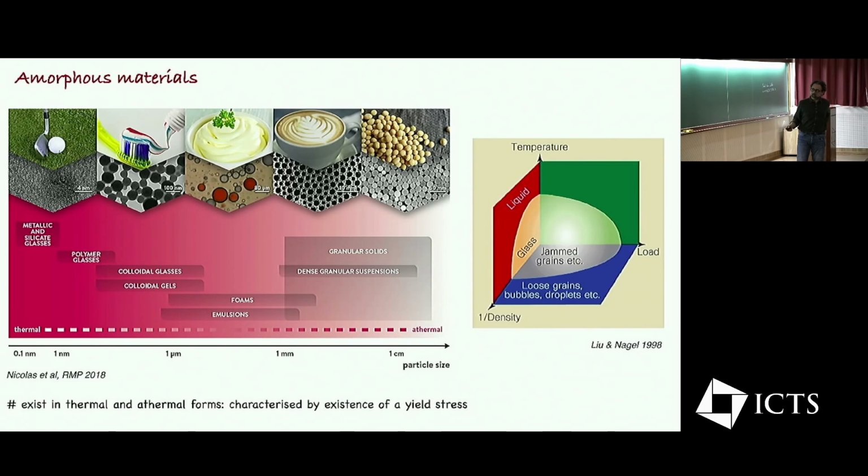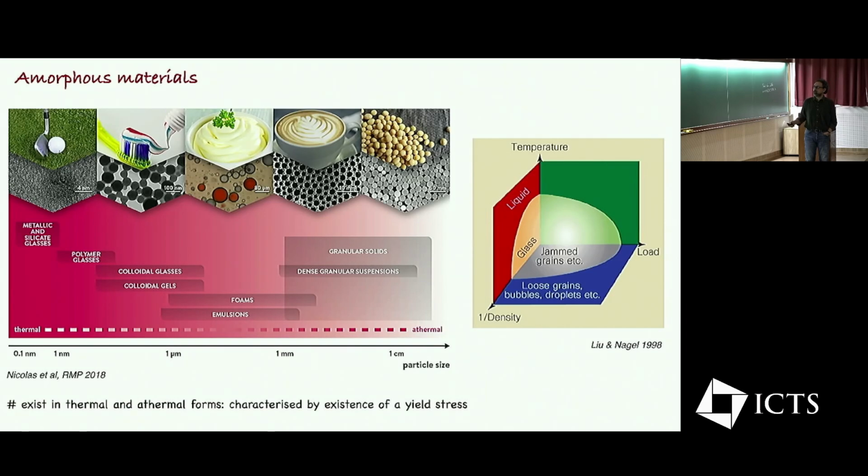And this is the regime which is in the athermal regime. Essentially, in the absence of any drive, nothing is happening to these materials. They're sitting at rest. And only when you apply the mechanical drive, external drive, there is some dynamics in the system.